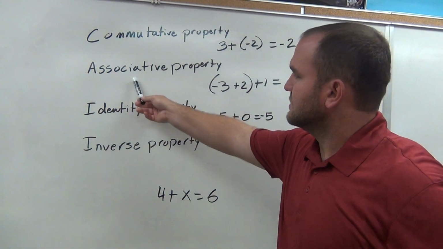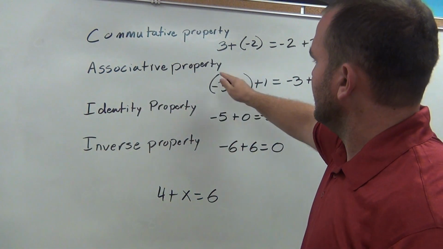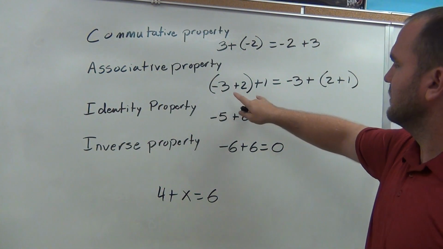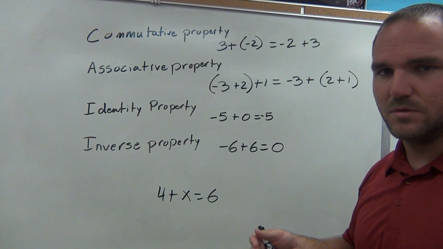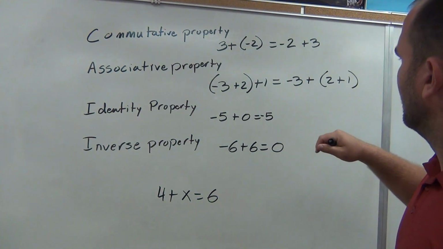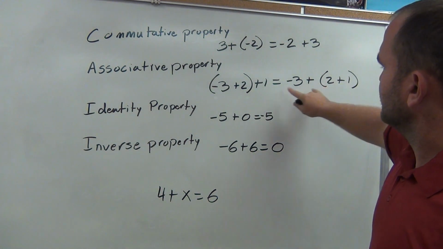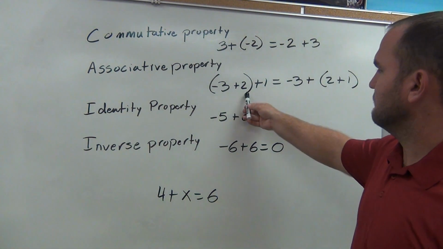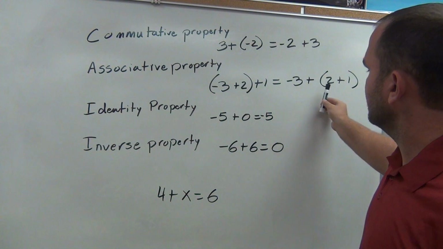So associative property, okay, same idea, but now you just have parentheses. And once again, we don't have variables just yet in these. So the parenthesis groups can go on different pieces, and if we're adding, it's not going to matter.